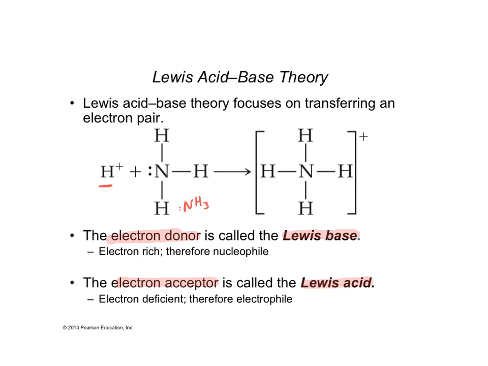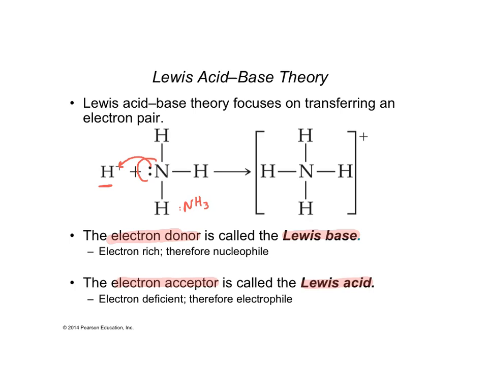Who's donating their electrons in this overall reaction? NH3, right? So our NH3 is still the base. It doesn't change with respect to Bronsted-Lowry versus Lewis. NH3 is still a base, except now it's doing something different. It's not accepting a proton, it's donating a lone pair of electrons. Still a base, regardless, okay?